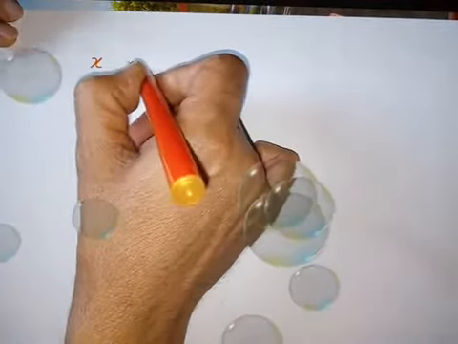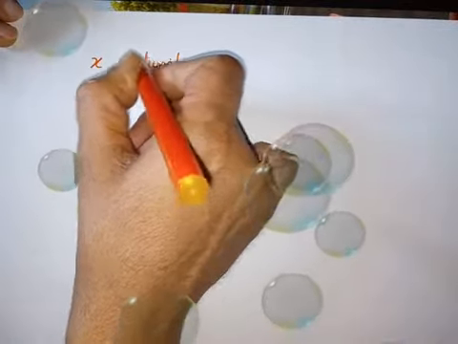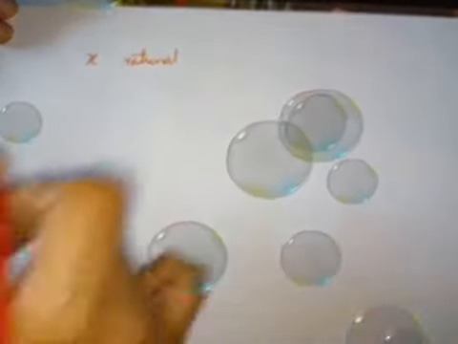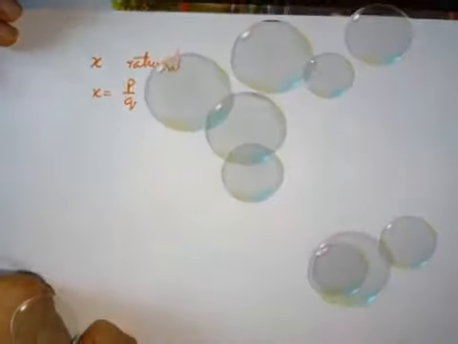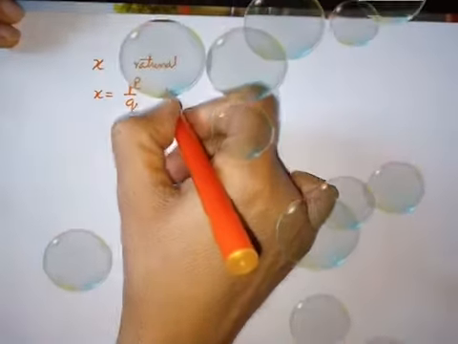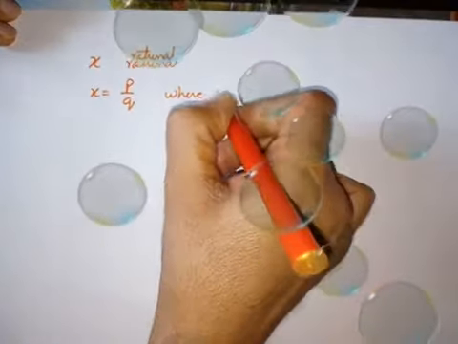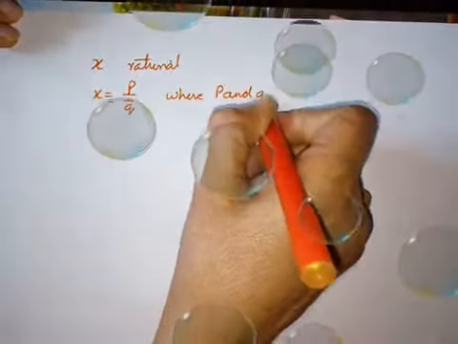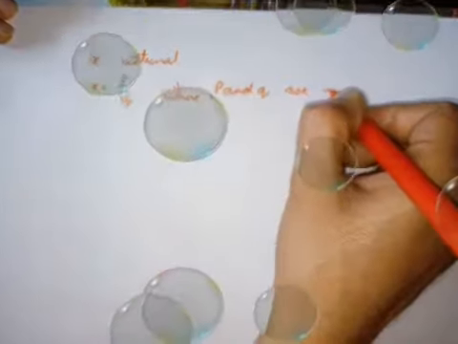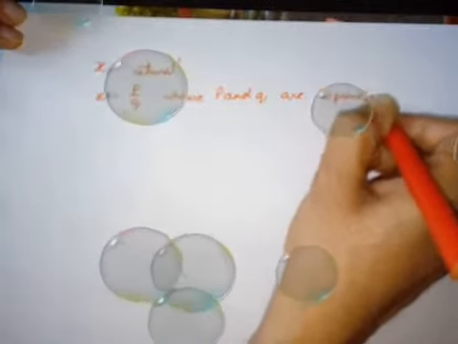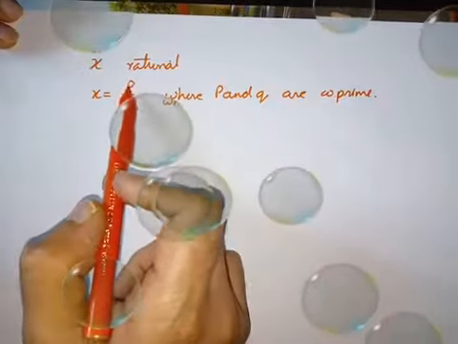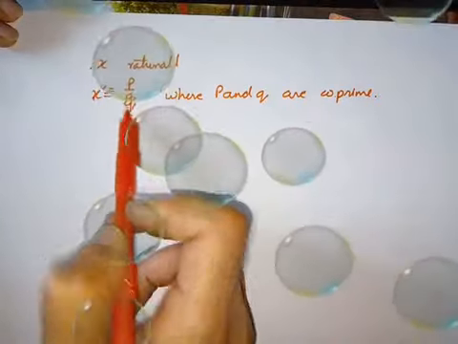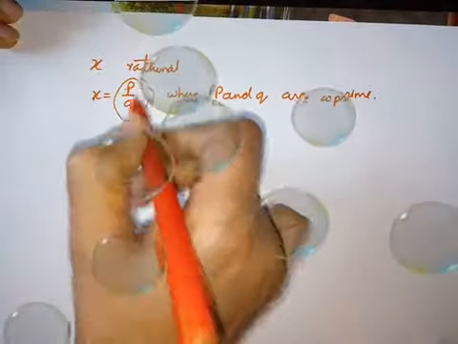Let x be a rational number which can be represented in the form p upon q, where p and q are co-prime. So the first thing we have to do is change this fraction into its lowest term.